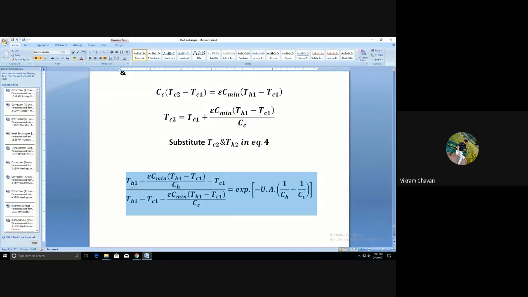So TH1, TH2 is nothing but TH1 minus effectiveness multiplied by C minimum inside bracket TH1 minus TC1 divided by C suffix H, and minus TC1. Okay, and then on the denominator side, it is TH1 minus TC2.